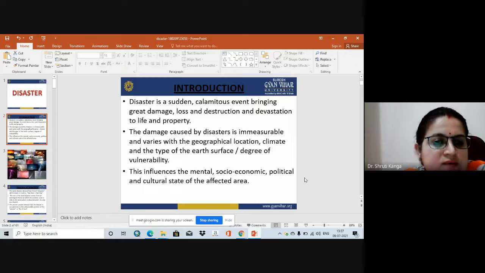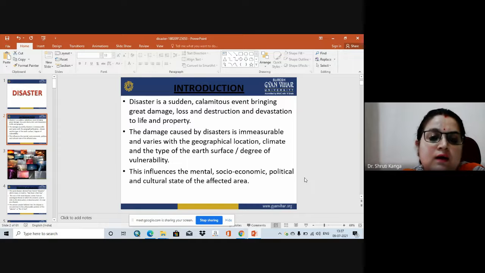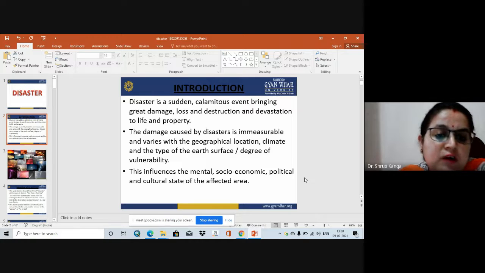Maybe it is sudden, or sometimes it is due to errors done by human beings who are indulging in different kinds of activities, which we are going to study in detail in the coming lectures. So in brief, a disaster is a sudden calamitous event bringing great damage, loss, destruction, devastation for both life and property.